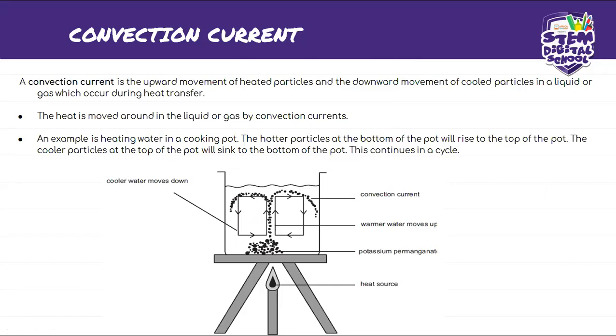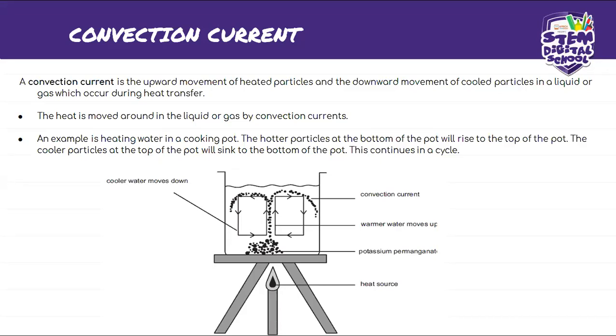The bottom part of the water will get heated, and when it gets heated, it will rise up. But the water at the top is cold. Now, the warm water is less dense, it's not that heavy, but the cold water is heavy.